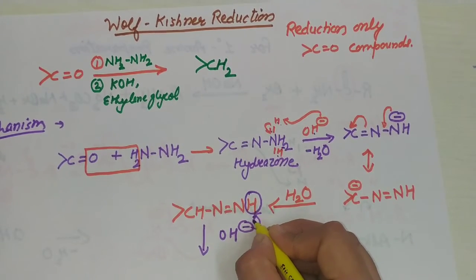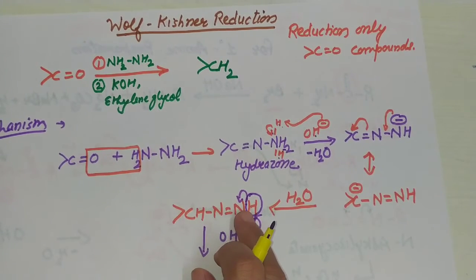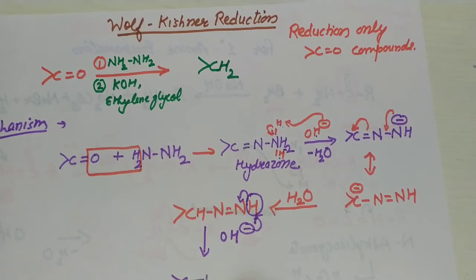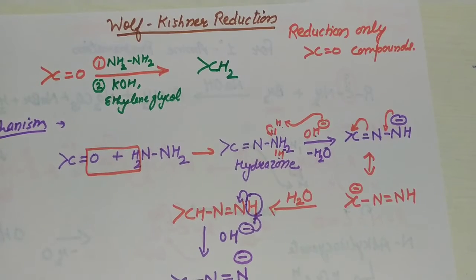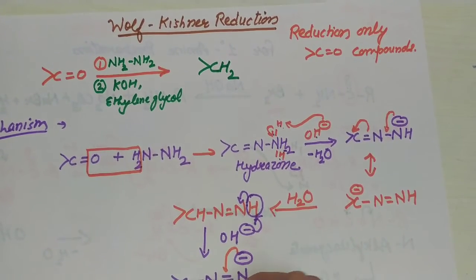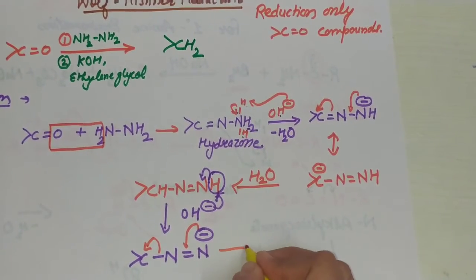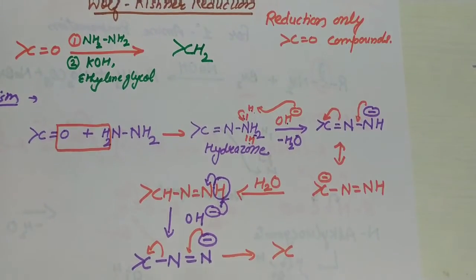It abstracts this hydrogen and this bond shifts over there, so nitrogen further gets a negative charge, giving C-N double bond N negative. After that there is resonance stabilization. This bond shifts over there, and this bond shifts over there.